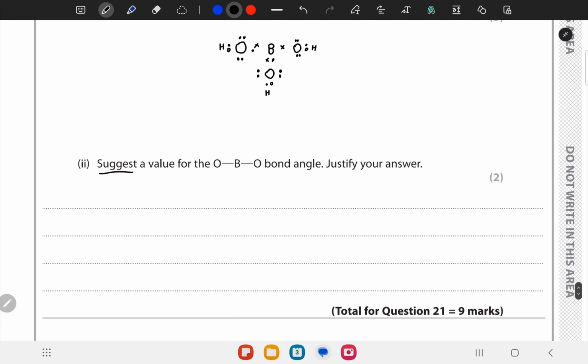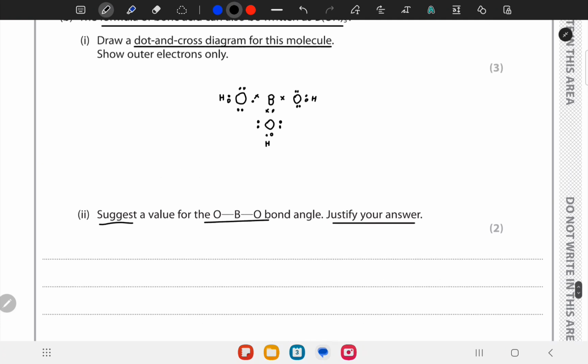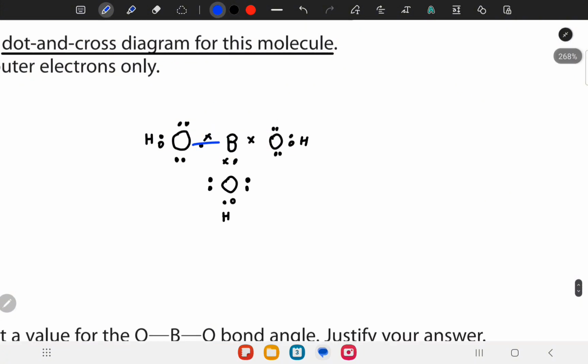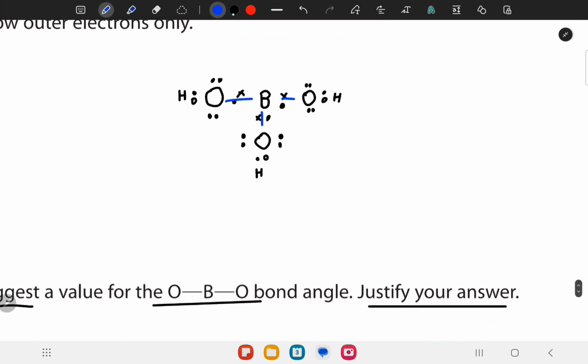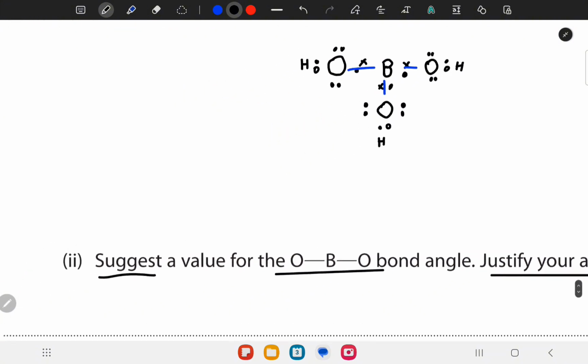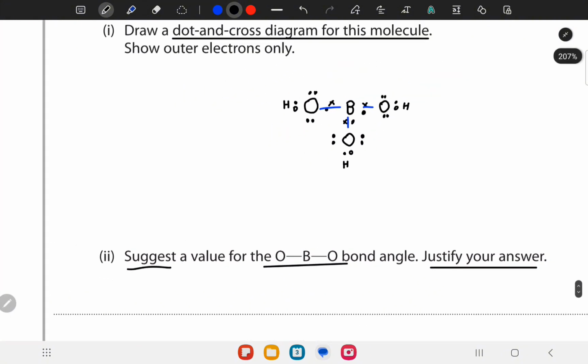We have to suggest a value for the OBO bond angle, justifying our answer. We have 3 bonds over here, so 3 single bonds. If we remember our bond angle chart, for 3 bonds with no lone pairs, we have a bond angle of 120 degrees, and they have a trigonal planar shape.